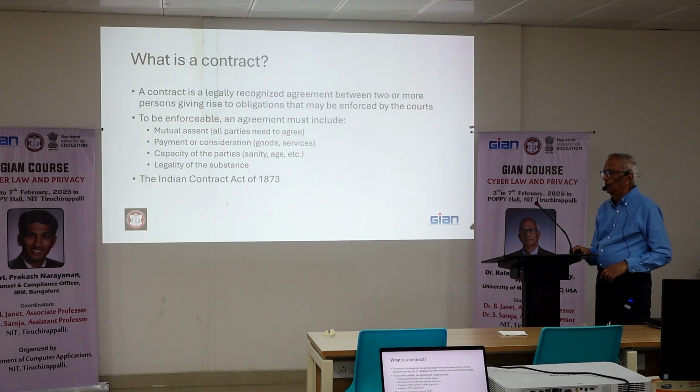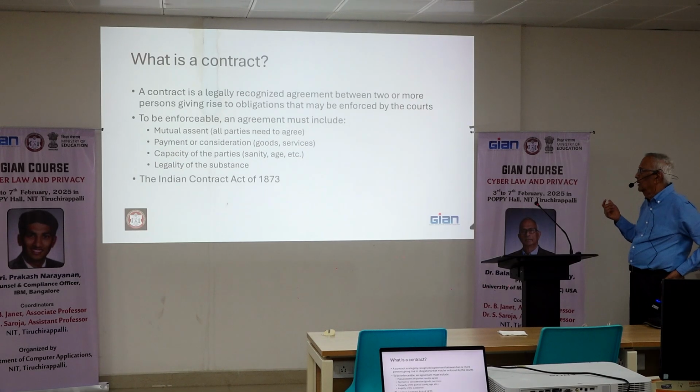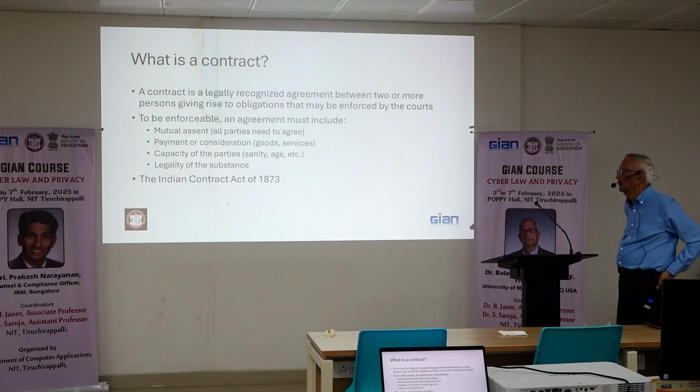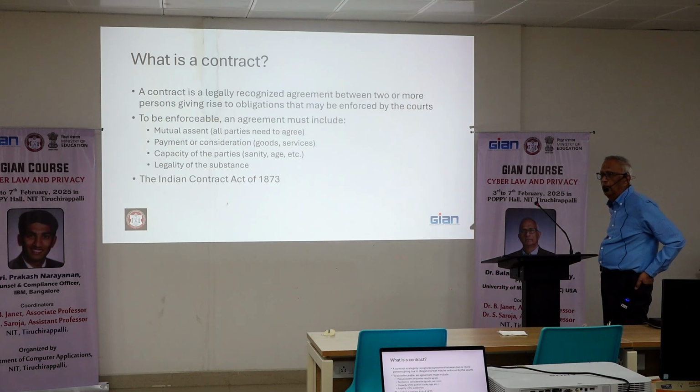So first of all, what is a contract? The contract definition actually came from the Act of 1873. Obviously, at the time, the British were still ruling India. It was called the Indian Contract Act of 1873. Basically, a contract is a legally recognized agreement between two or more parties giving rise to obligations that may be enforced by the court.